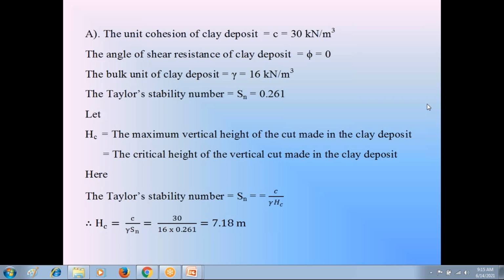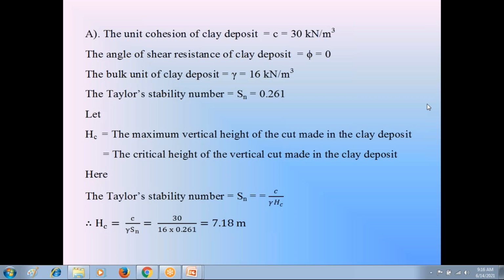Is there no constant height value for clayey soils? No constant height. In clayey soils, the maximum height depends on the portion of soil, the angle of shearing resistance phi, and also the angle of slope i.